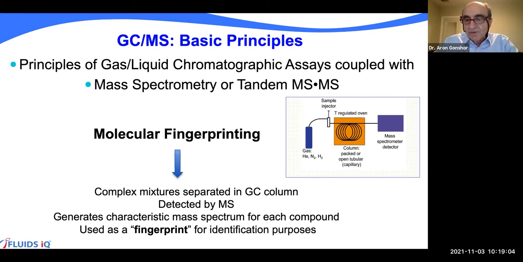And when you bring it together with mass spectrometry, what you're really able to do is to create a fingerprint to actually be able to see each one of these compounds or individual molecules. And it is extremely sensitive, and I'll say right away, it can be very time consuming and can be extremely costly.